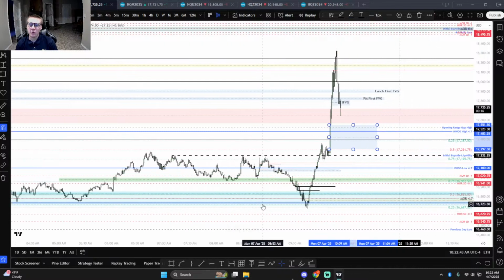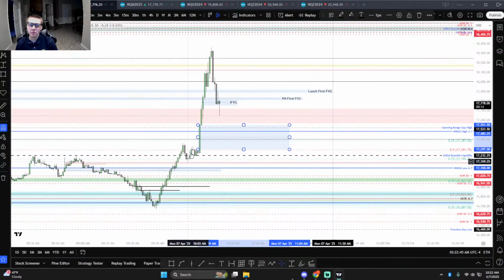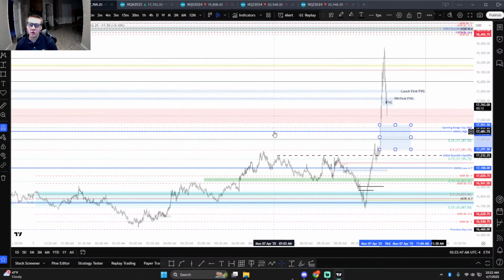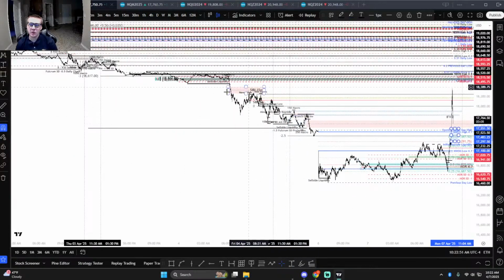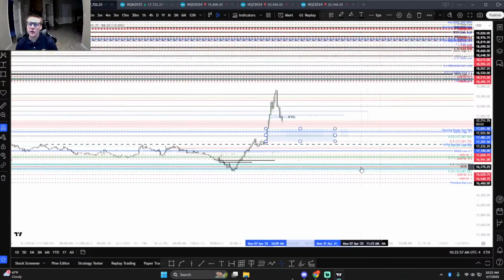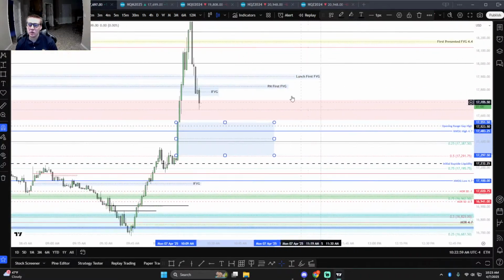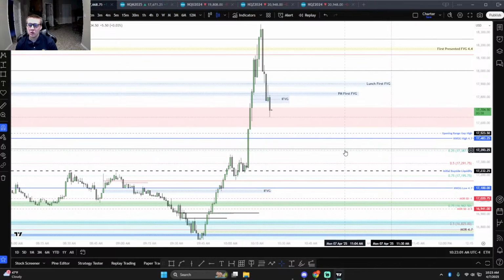Who is profitable right now? A bunch of long traders. Higher time frame, you have a bunch of sell stops resting up here. Those just got hammered. Now we're right back in that range. We're in this 15-minute CISI.